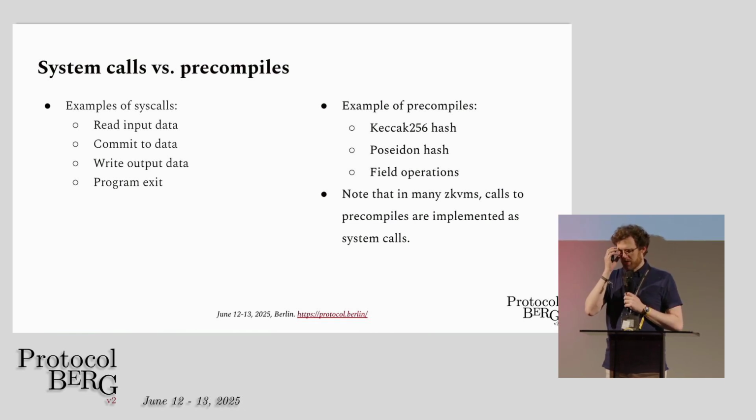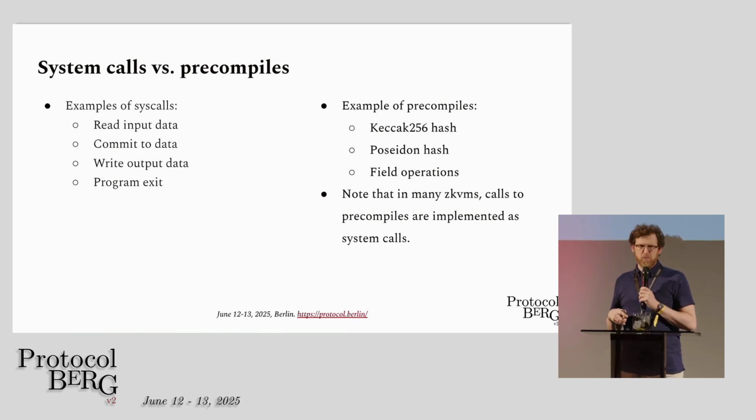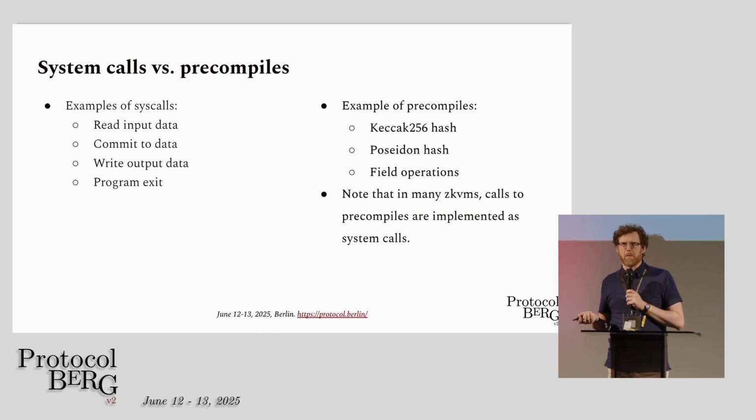So what I should have said is that system calls are everything that you can think of Unix would do: read input data, provide you a function to leave the zkVM, things like this. And precompiles are really how we think of them in the EVM space: some computation that you get out of the normal flow of execution that the prover will make happen for you and hopefully prove much faster.